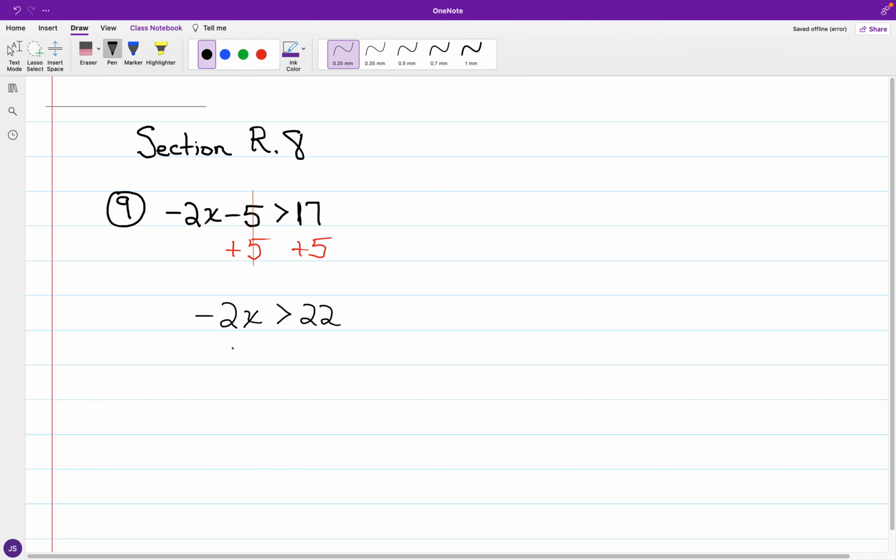Again, you have a negative variable expression. Something to remember for working with negative coefficients: if I'm multiplying or dividing by a negative, and this is the part that is so easy to overlook, whenever you're multiplying or dividing by a negative, the direction of the inequality changes.